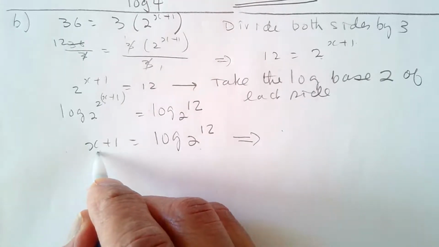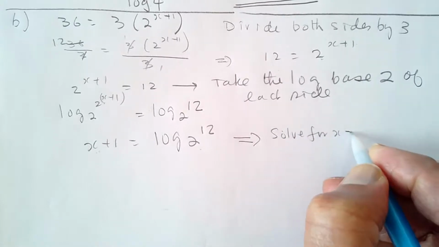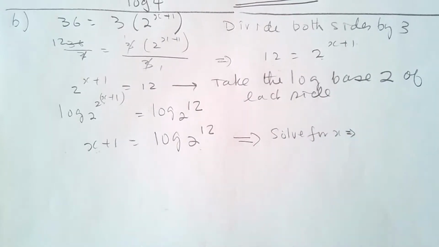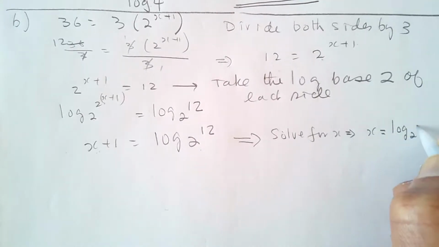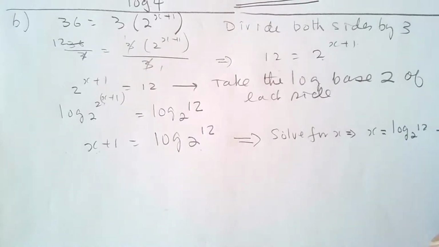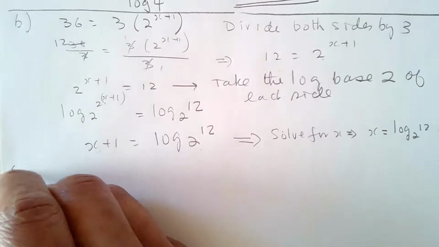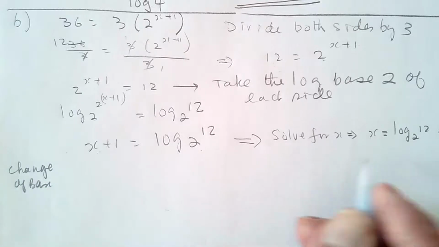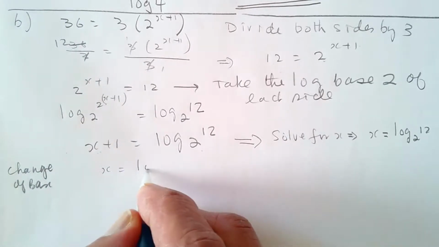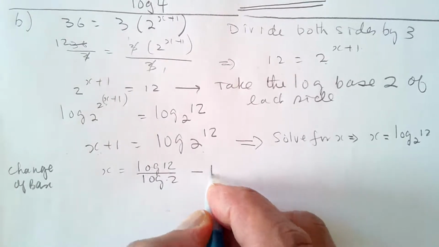We simplify for x. We solve for x. So it'll give us x is equal to log 2 of 12 minus 1. Next, we can apply the change of base formula. That will give us x is equal to log 12 over log 2 minus 1.